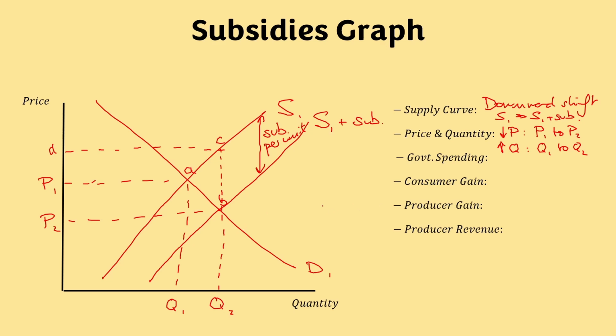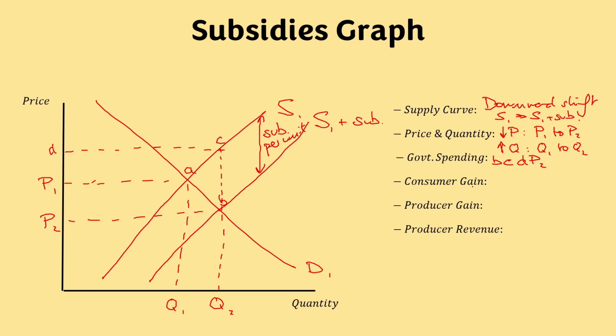So the government spending is the subsidy per unit, the vertical distance B to C, like we said. And then in order to calculate the spending, the cost, we need to multiply the subsidy per unit times the quantity of units, right? Therefore, it's the whole box here, this whole shaded box. So the government spending is B, C, D, P2. That's the government spending, okay?